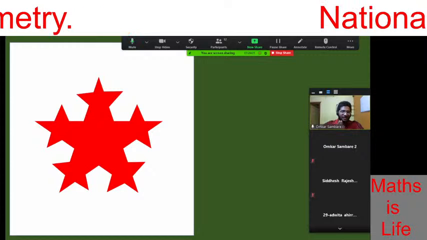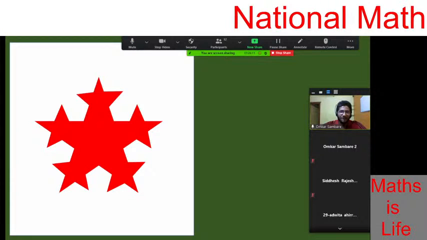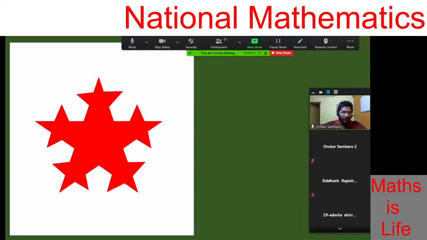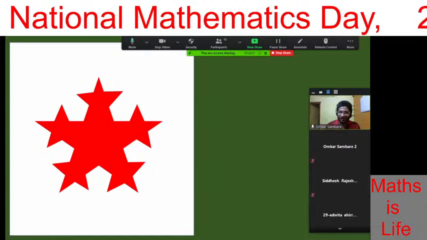See the shape carefully, draw it carefully. How the shape is, look at it. How you will draw this shape, that I am telling now.